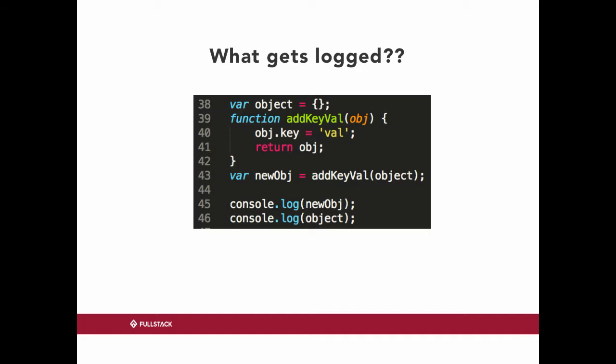So we're getting that empty object passed in, adding the key value pair and returning it. What do we expect to get console logged out for the new object, the return value of this add key val function? So it's going to have that key val pair. What do we expect object, the first variable, to be?